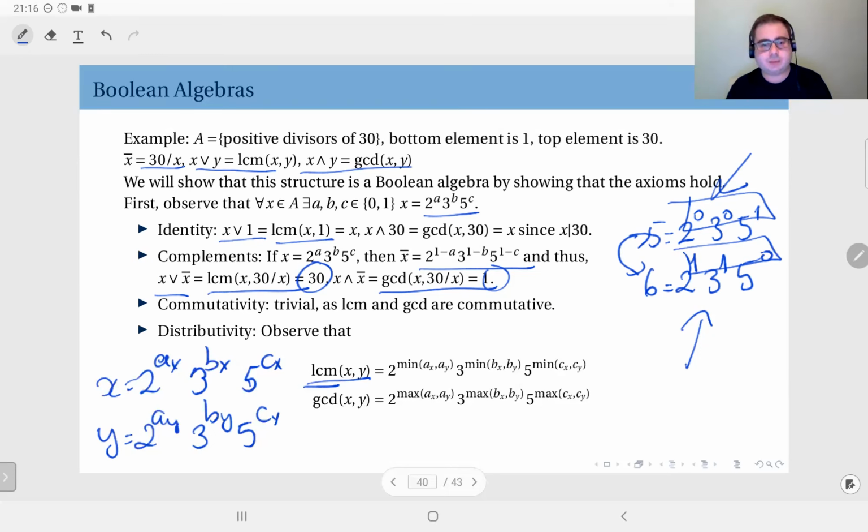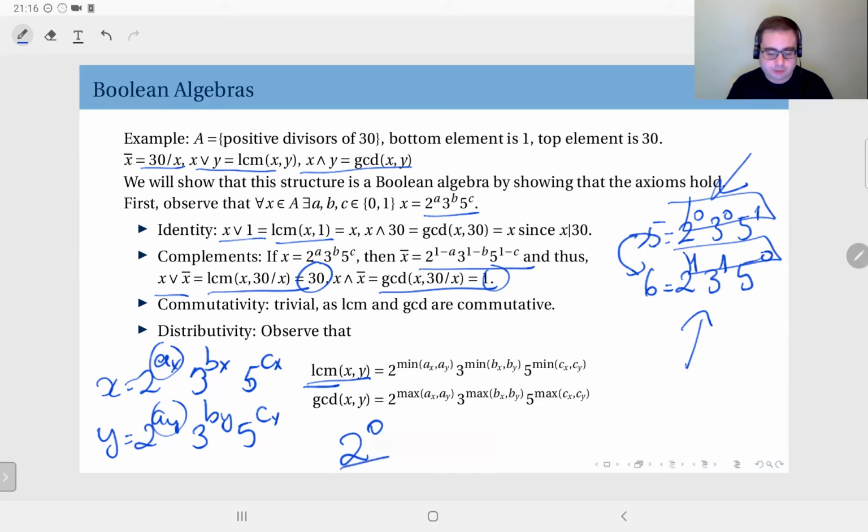To obtain the least common multiple, if these are both 0, in the result I will have 0. But if I have just one 1, it could be 0, 1, or 1, 0. In this case, I cannot include 2 here.